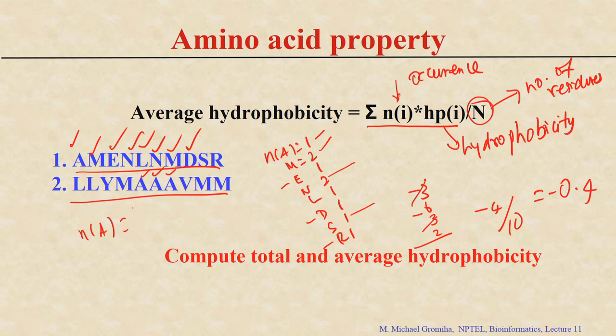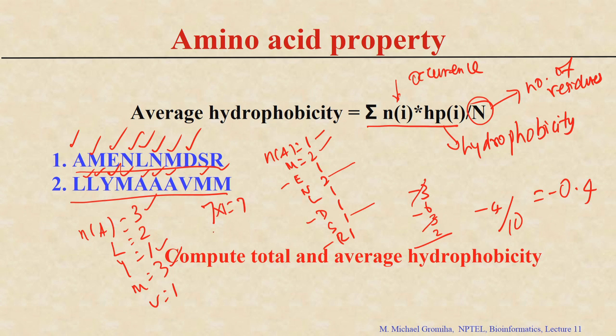We take the second sequence. Here how many times A? 1, 2, 3, L 2, Y, M 1, 2, 3 and V 1. So, now if you see this A C G M Y, 3, 6, 7, 7 into 1, this equal to 7, and then L and V are 2.